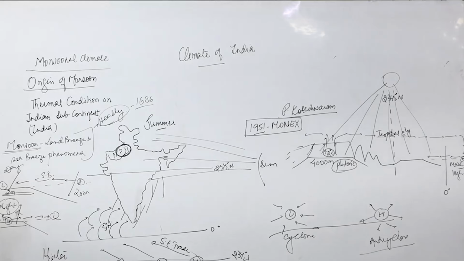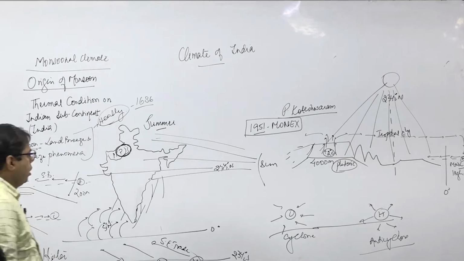Halley said the monsoon is nothing but the extended form of land breeze and sea breeze phenomenon. So during the summer the wind blows from sea to land. Clear? बताओ, समझ में आ गया? Is it clear?